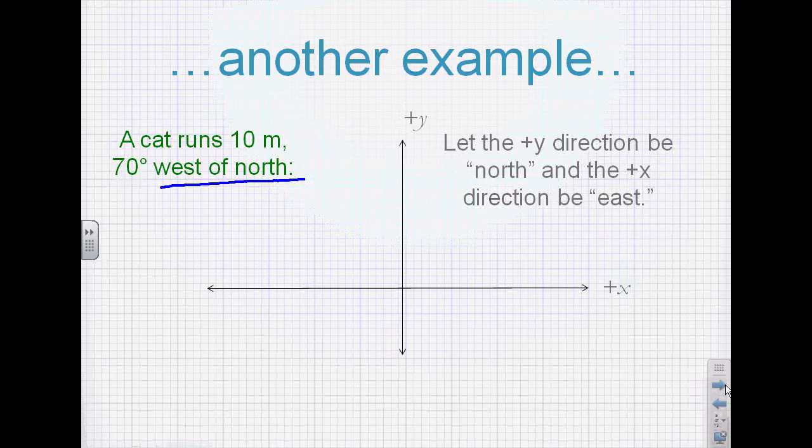So what I'm going to do is find where 70 degrees west is with respect to the positive y-axis, and that's about 70 degrees. And then I'm going to draw my vector 10 units pointing in that direction. 70 degrees west of north, 10 meters. Notice that the arrow points in the new direction.